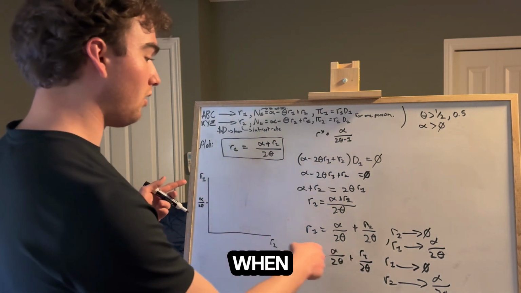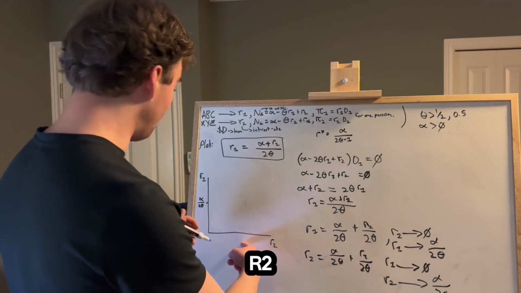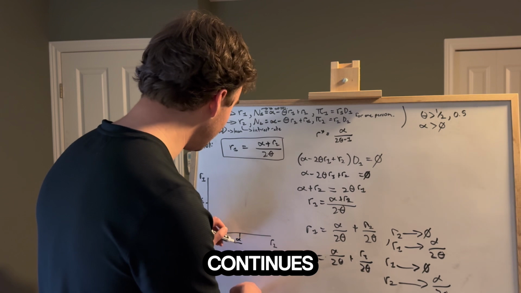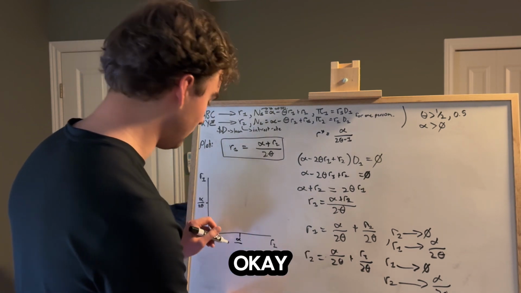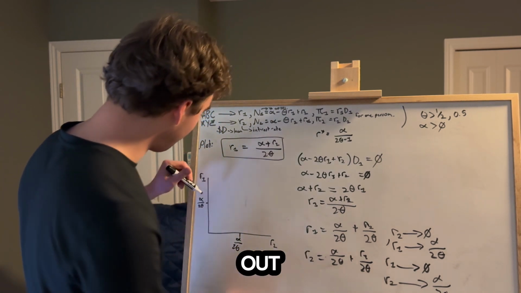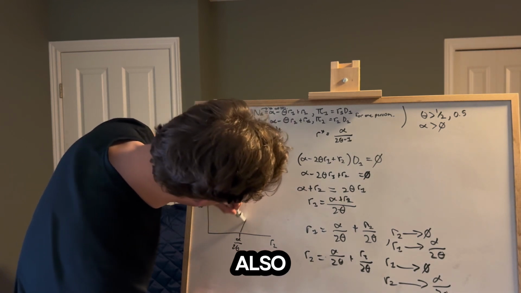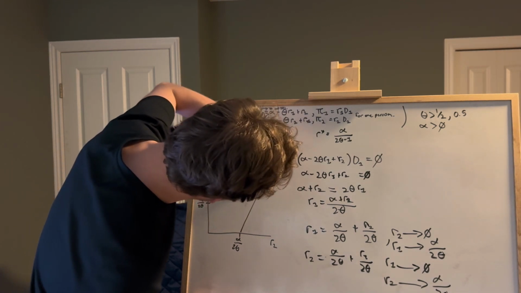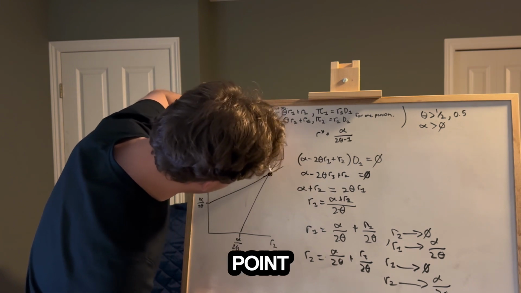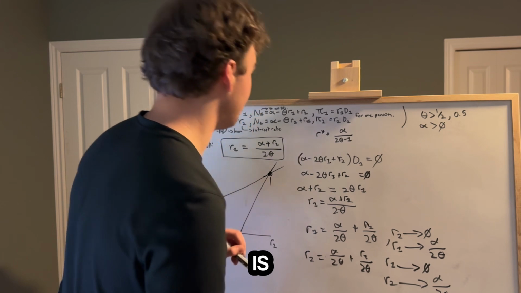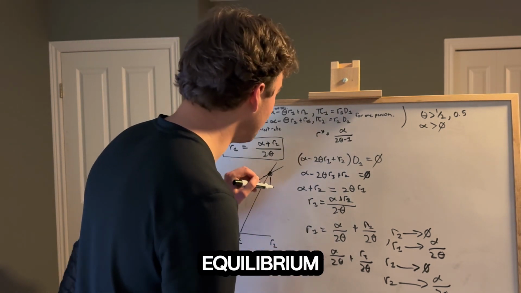And when R1 goes to 0, R2 goes to the exact same thing. And it continues to increase, okay? So we're going to draw that out. Look at this go up. And this is also going to be going up. Okay? So this middle point right here is our Nash equilibrium.